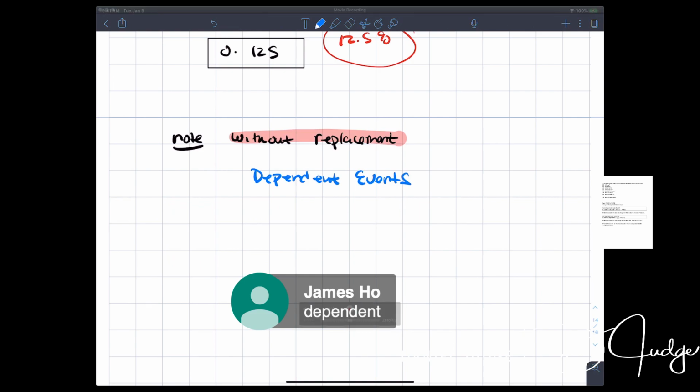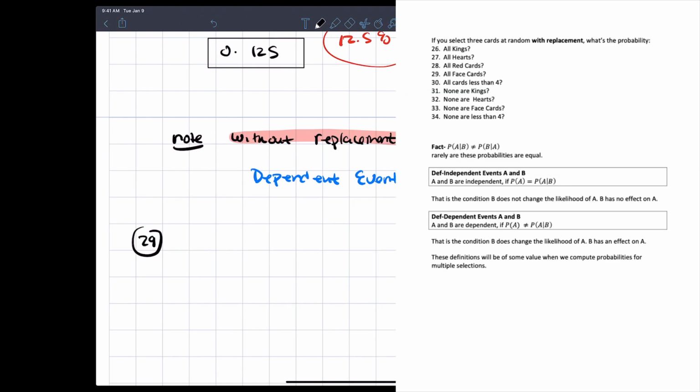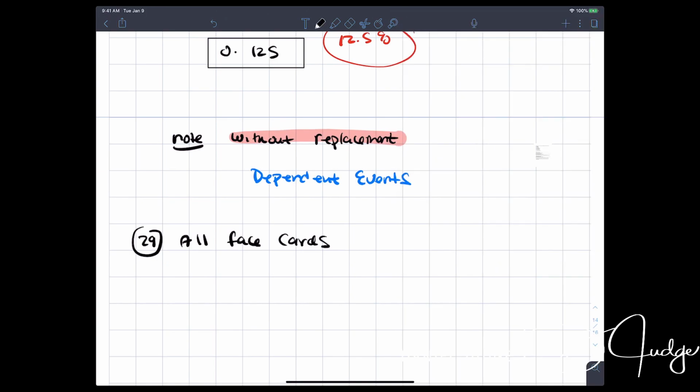Let me finish a couple of things here for you guys. Let's see, number 29 here. Just look at that quick question. See how fast we can do some of these, right? All face cards. Okay, all face cards. Remember, we're selecting 3.